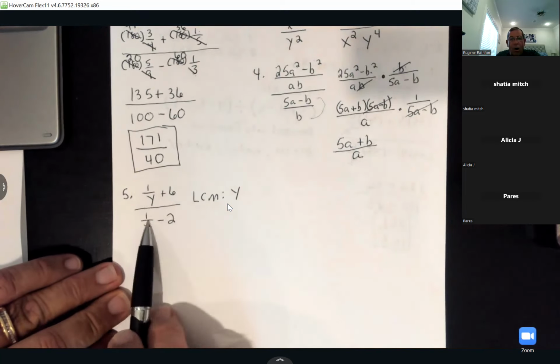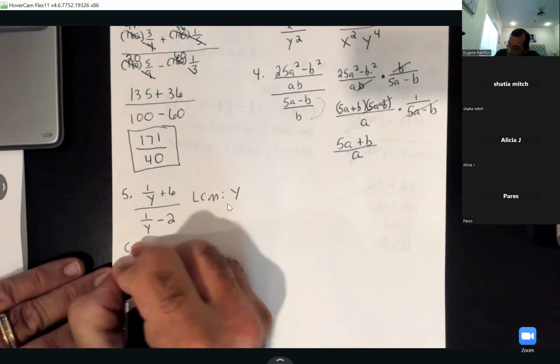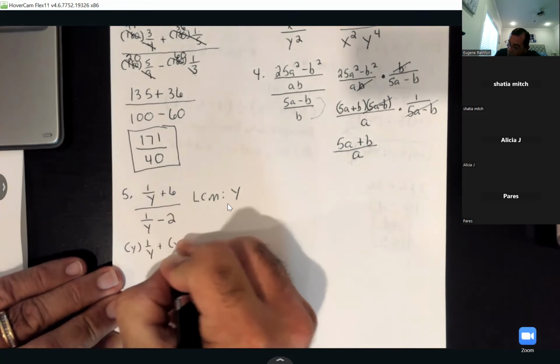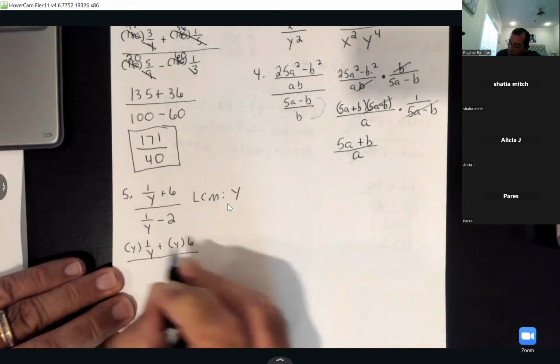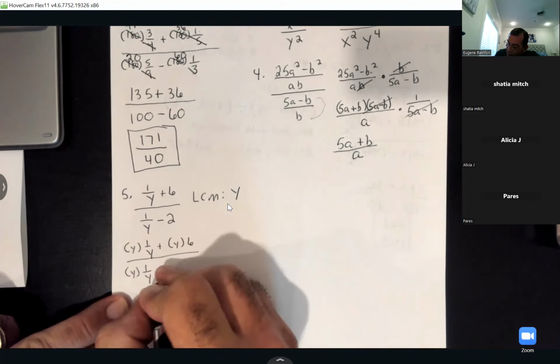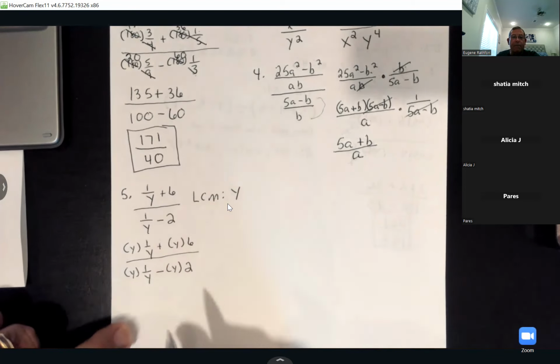Now, multiply all 4 parts of this by that y. So we'll have y times 1 over y plus y times our 6 over y times 1 over y minus our y times that 2.